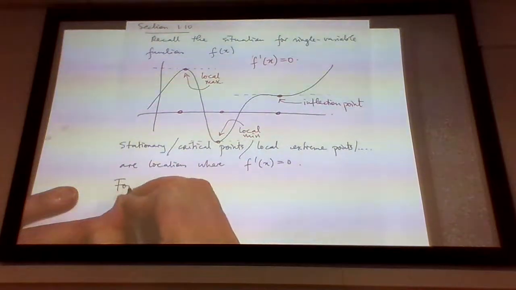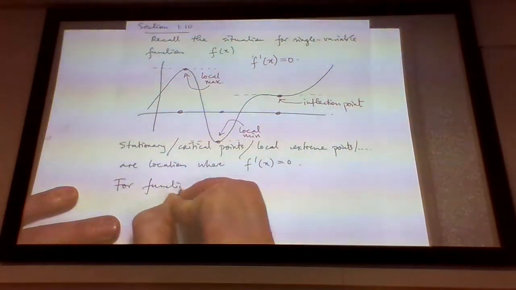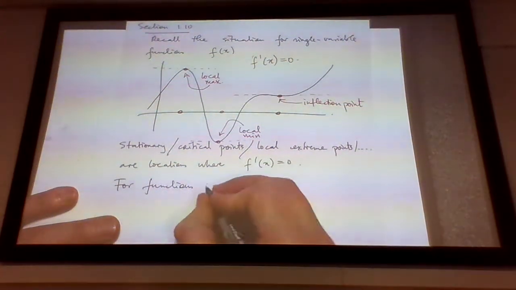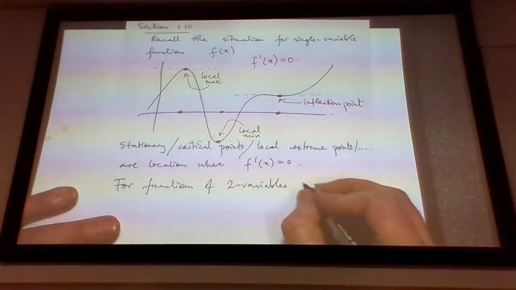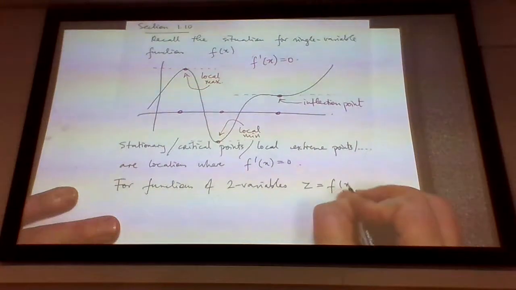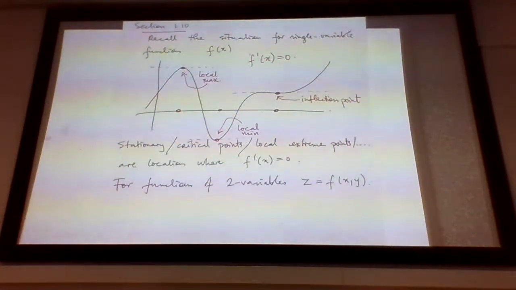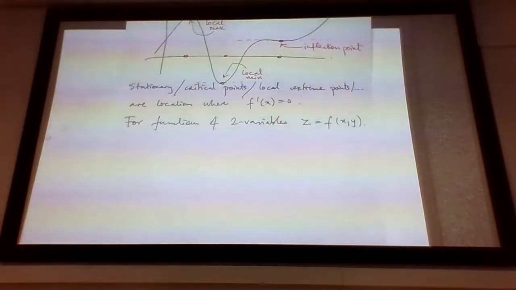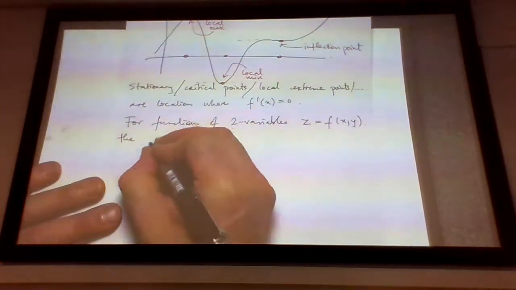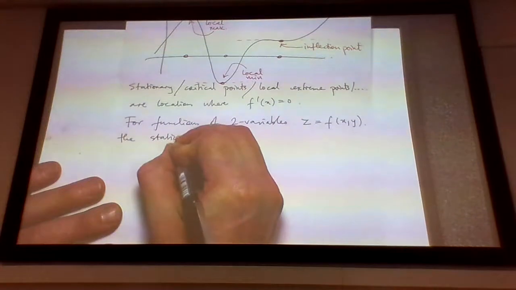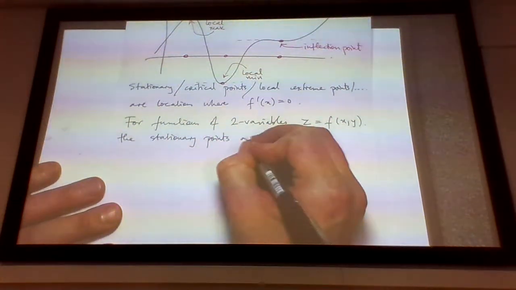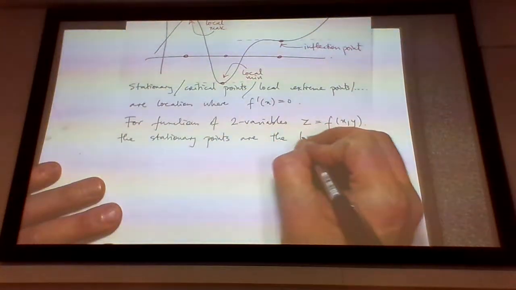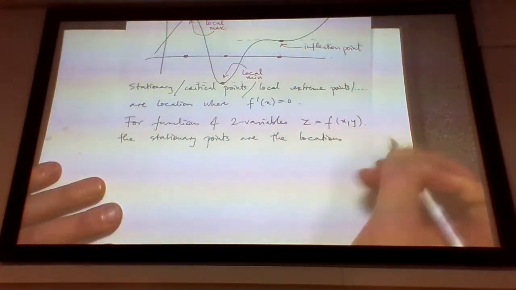So for functions of 2 variables, where you've got, say, z equals f of x, y, the equivalent thing, stationary points or critical points, etc., these are the locations in the domain.